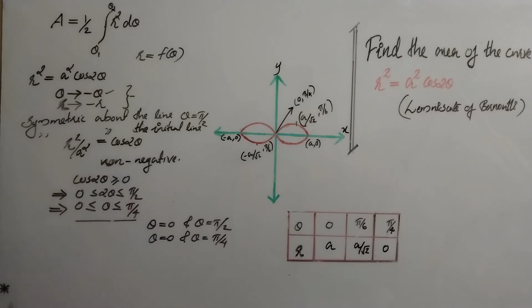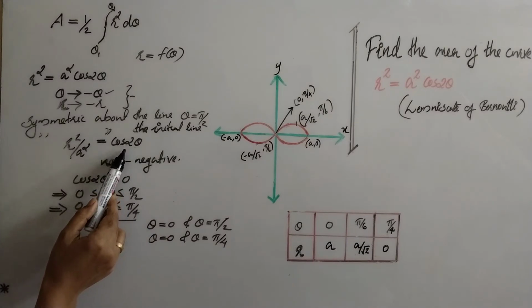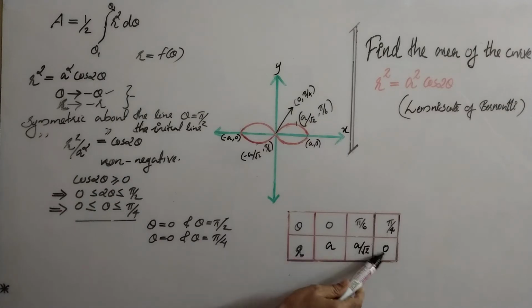Pi by 3. And cos pi by 3 is 1 by 2. That is r square is equal to a square by 2 and r is a by root 2. And if theta is equal to pi by 4, cos of 2 pi by 4 is cos pi by 2. Cos pi by 2 is 0, then value of r is 0.